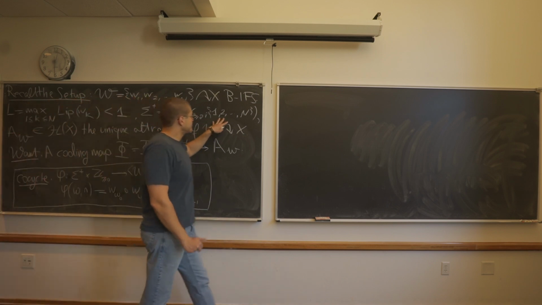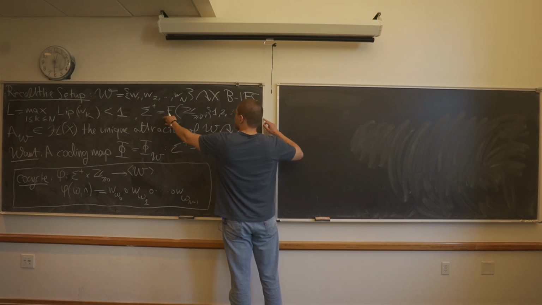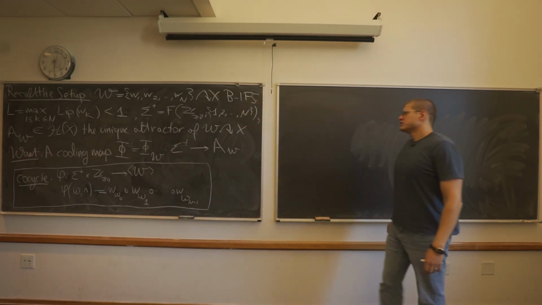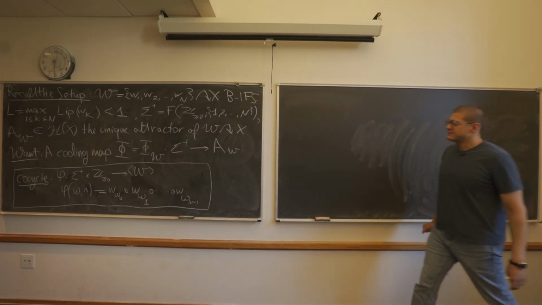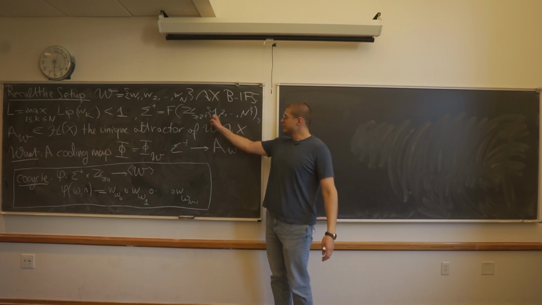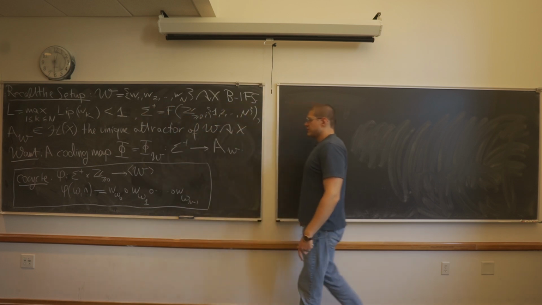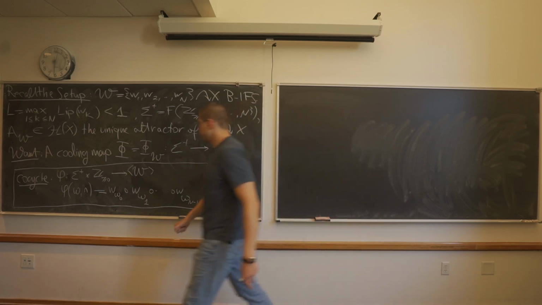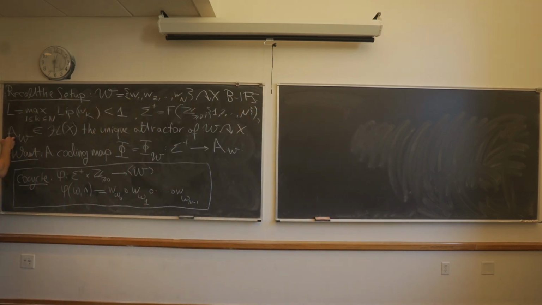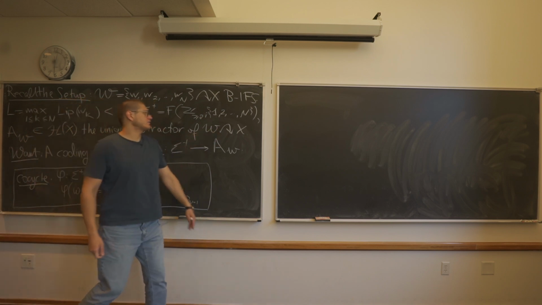I'm going to have a shift space, a space of one-sided shifts with symbols 1 to n, which correspond to the indices. And I'm going to denote by A sub W the unique attractor of the B-IFS W acting on X.